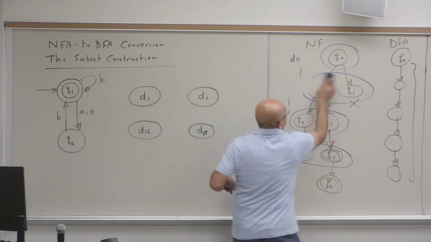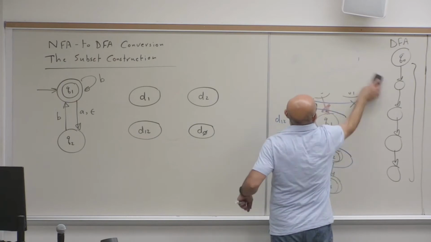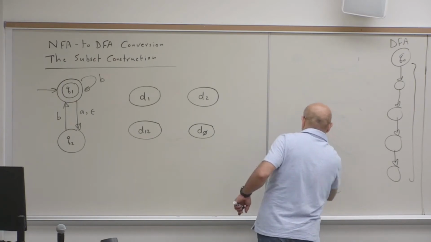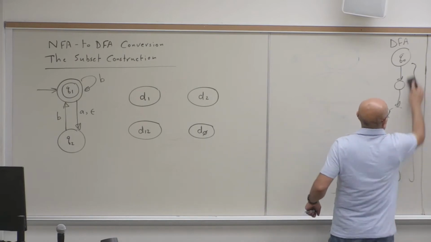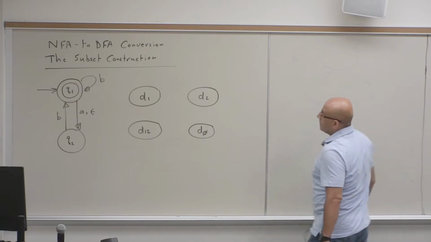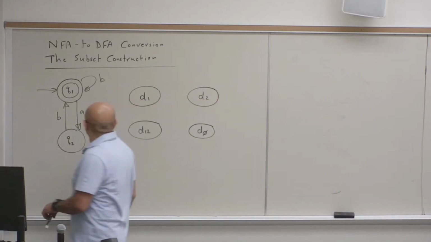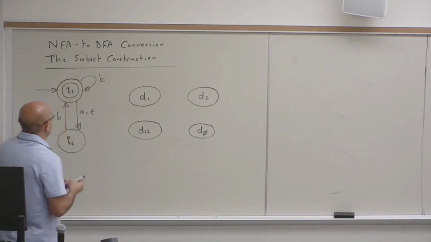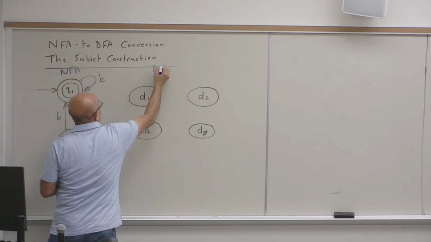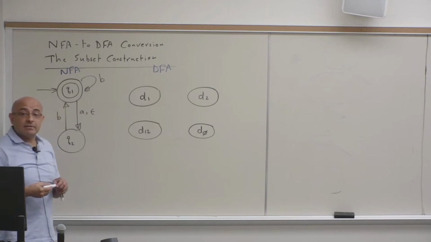Okay, I think we need this part of the board to calculate the different transitions. So how does this work? We have constructed all the states. This is an NFA, and this is an equivalent DFA that we are trying to construct.